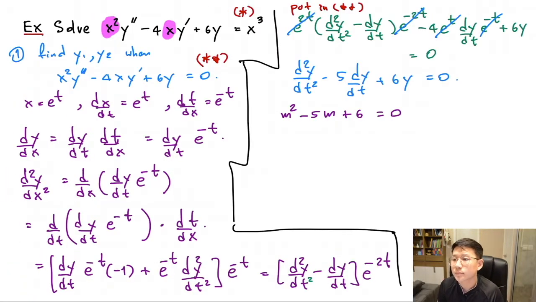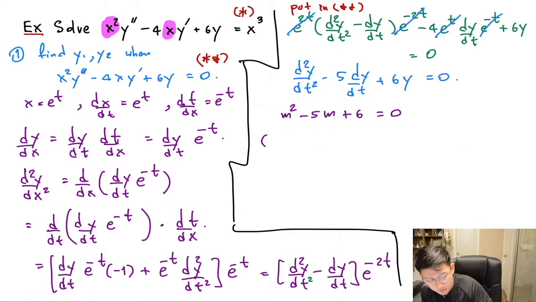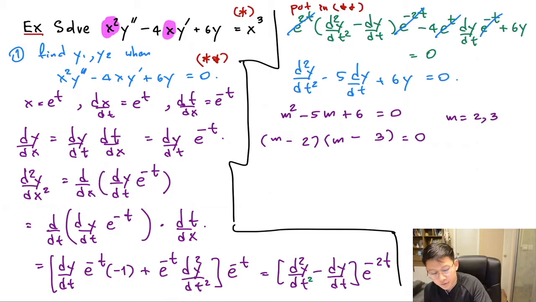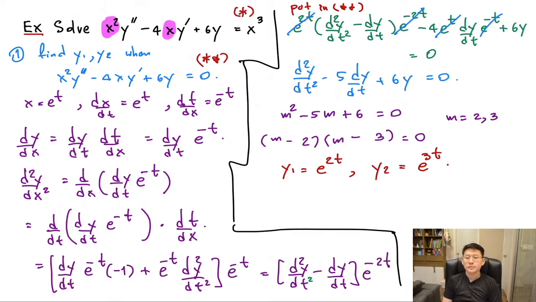In that case, m is 2 and 3. So we have that y1 is e to the 2t and y2 is e to the 3t.